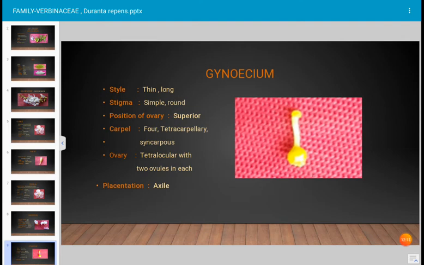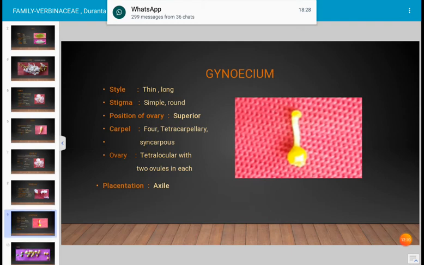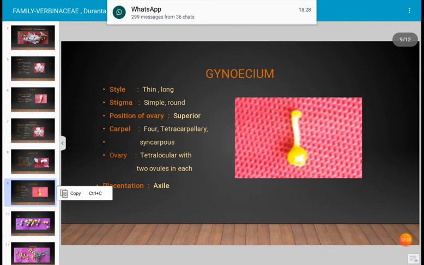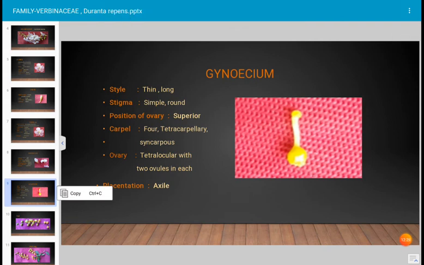Carpels are 4. Therefore, in taxonomy, it is described as tetracarpellary ovary. Okay. Carpels are united. If the carpels are united, then it is described as syncarpous condition. And there are 4 locules in the ovary. Therefore, it is described as tetralocular with 2 ovules in each.